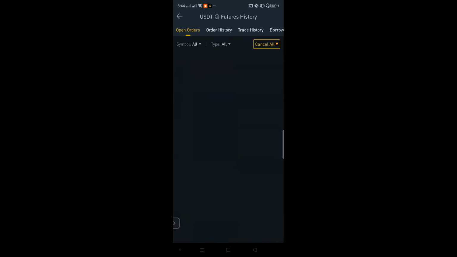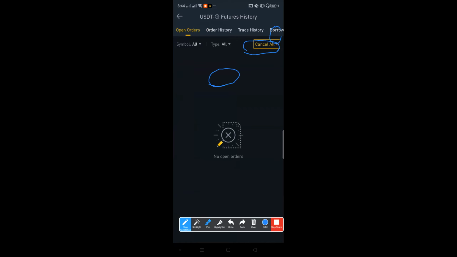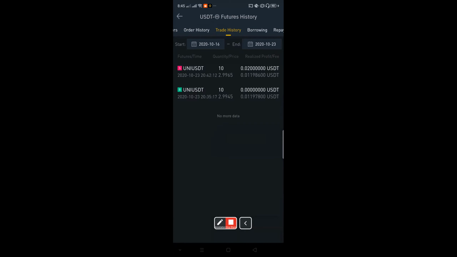Once I click history, I will go to the trade history to be able to see what it is. Now, you can see the amount that I was charged. When I was buying the uni, I was charged 0.0.